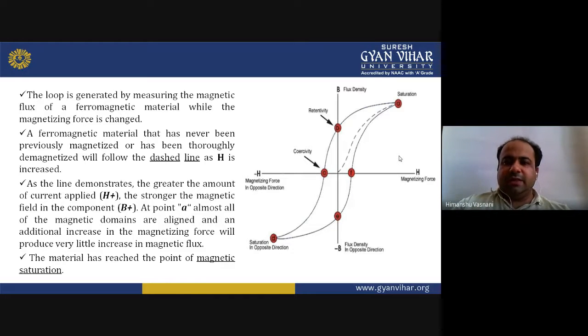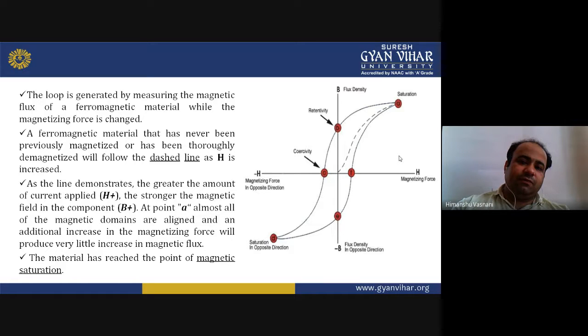They are taking a material that has never been magnetized or is completely demagnetized. It doesn't have any magnetic force. And then they say that it will follow the dashed line as H is increased. When you increase the magnetizing force, it will follow the dashed line.